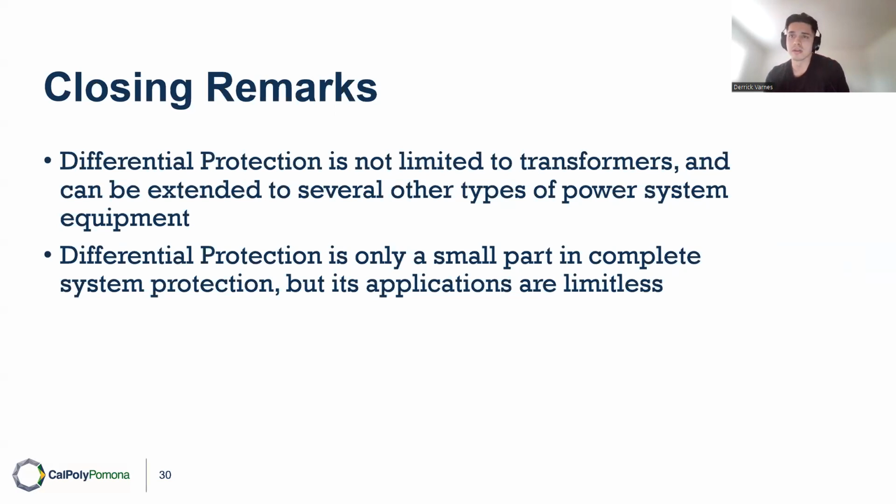Differential protection is very important when you have vital components such as transformers, especially costly replacements such as transformers. You want to do as much as you can to mitigate the damages to transformers. It can put a whole system out of operation and cost a lot of money to a power company and everyone else.